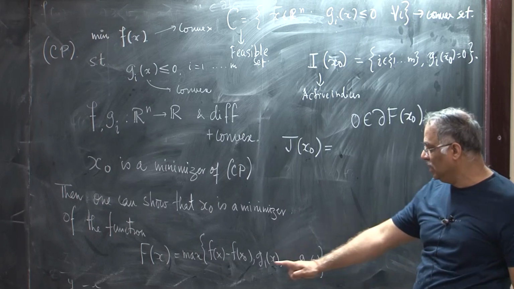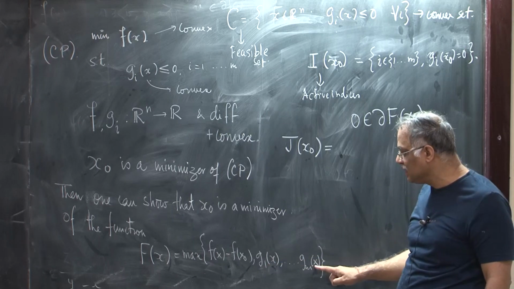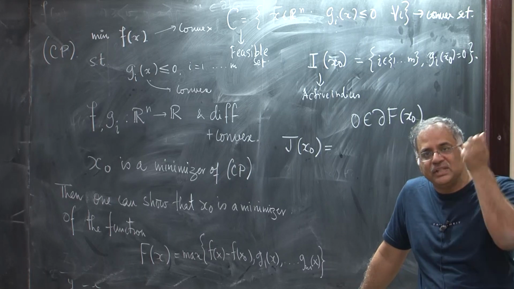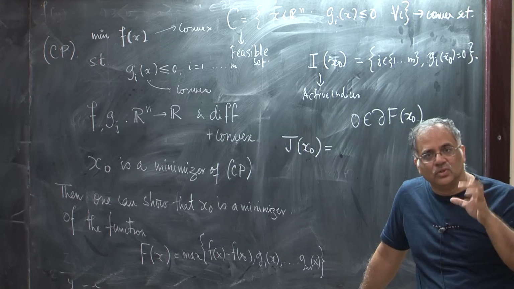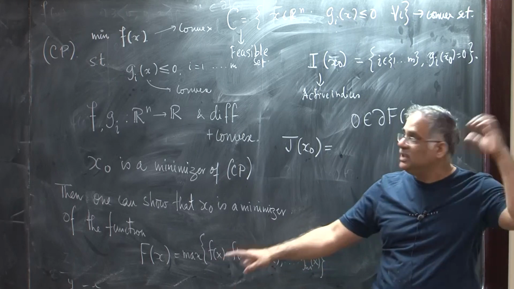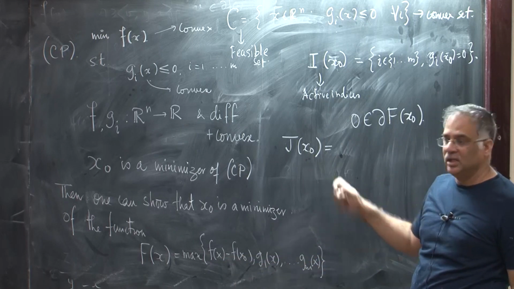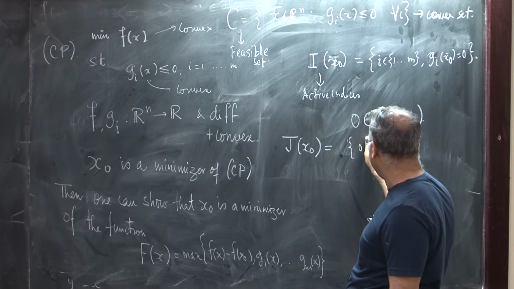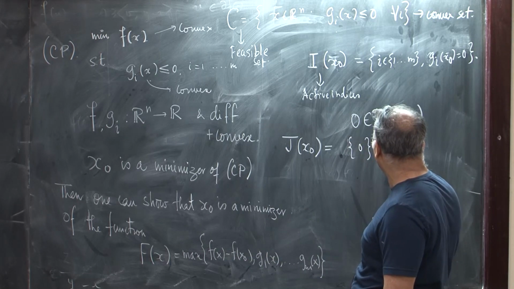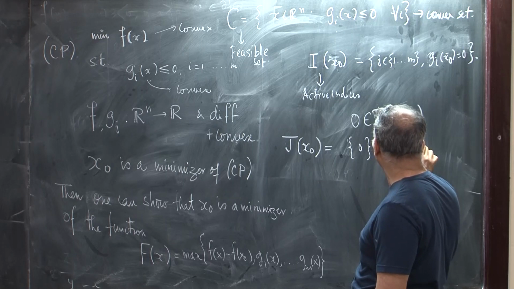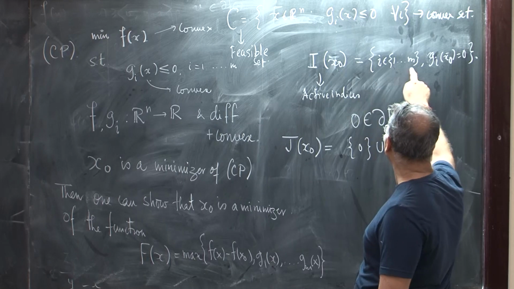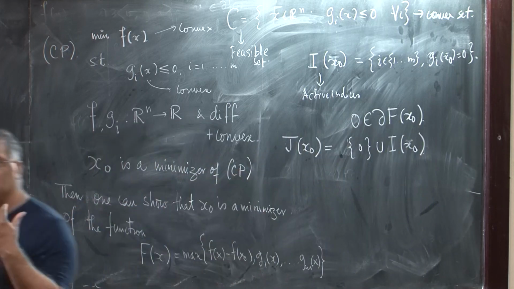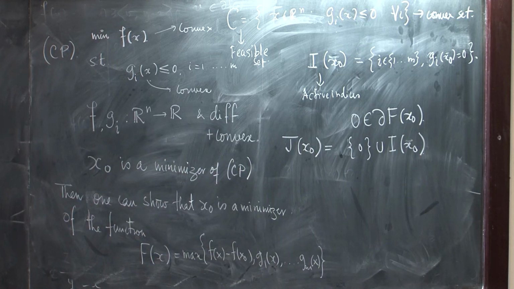Now among these, there might be some of them where g_i(x naught) is 0. Those will also become a part of this J(x naught) index. If I call this index the 0 index, then it will have the 0 index union I(x naught). I(x naught) is the set of indices for which g_i(x naught) is 0. That will constitute your J(x naught).